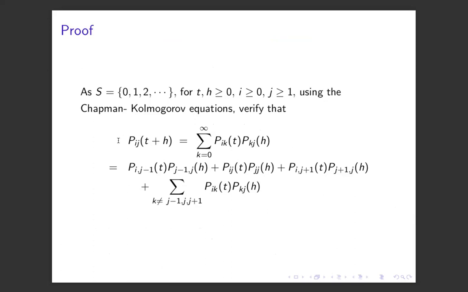Go as before. The only thing is, in the first step, you decompose 0 to t plus h as 0 to t and then t to t plus h. So this corresponds to the evolution during t to t plus h, and using time homogeneity, this gets simplified to 0 to h.